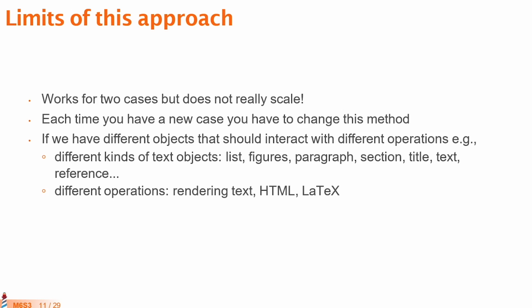So typically in Pillar, the system that is used to create the slides that you are watching, we have list, figure, paragraph, section, title, text, reference, two kinds of list, code block. We don't have a plus, just a plus. We have rendering text, generating HTML, generating LaTeX, and so on.